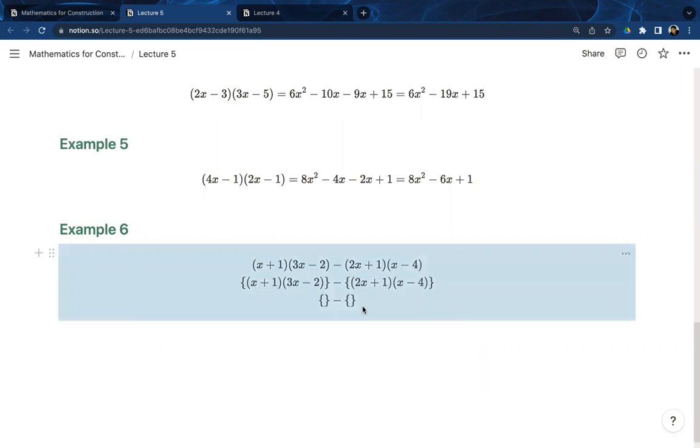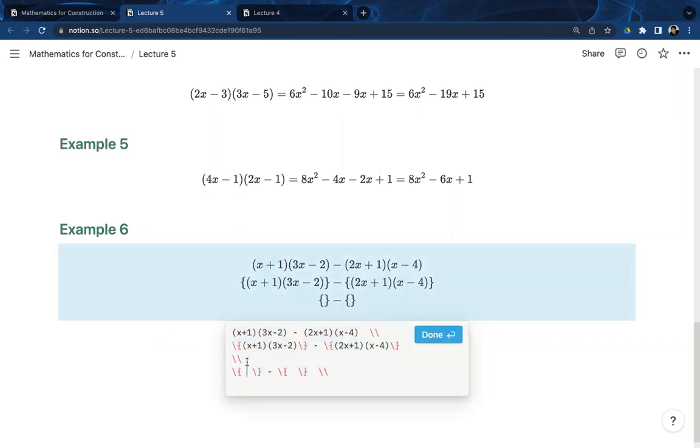It's good to split up your work like this. Let's work on the left-hand side. Left-hand side, I have x by 3x, 3x squared. x by negative 2, minus 2x. 1 by 3x, plus 3x. And 1 by negative 2, negative 2. So this looks like the answer for that part.